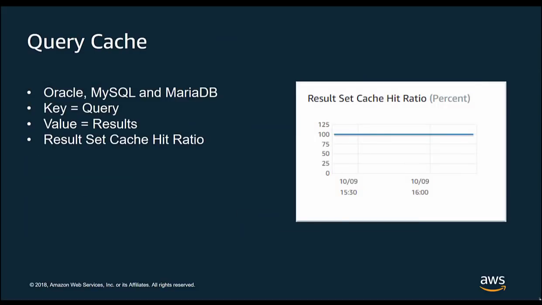The next cache, when we're looking at the database engine itself, and this applies to Oracle, MySQL, and MariaDB, would be the query cache, right? So we've talked about the buffer cache caching pages, data pages off of the disk, but the query cache is actually caching your queries.